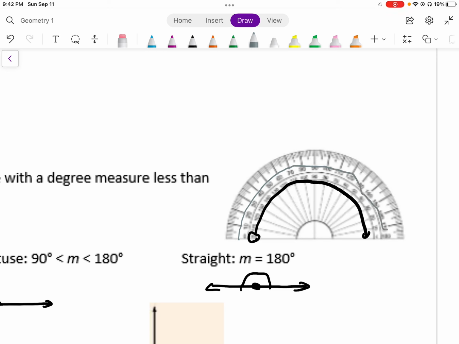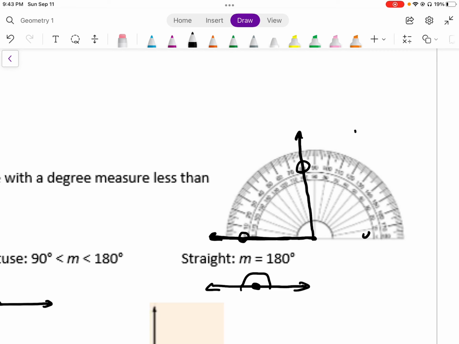So, and not all protractors are the same, but if you had an angle on a protractor like this, here's 0, we would want to use the outer one because our ray here is at 0 and we would work our way up. So this looks like it would be an 80-degree angle. I know it's very unclear, but that was an 80-degree angle. So that's how you use your protractor.